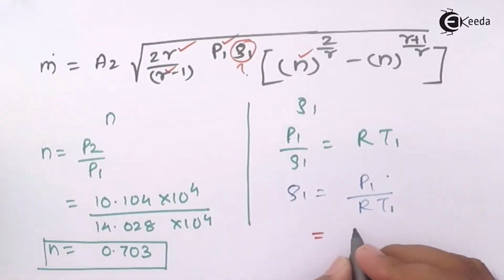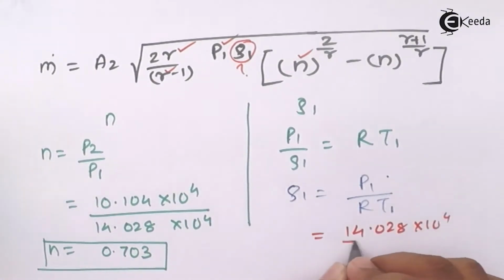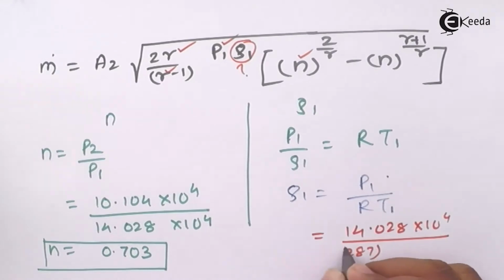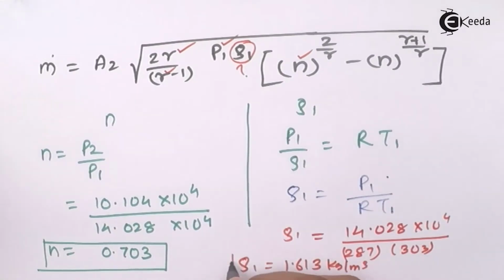This is equal to 14.028 into 10 to power 4 upon 287 into 303, that is the temperature. The density comes out to be equal to 1.163 kg per meter cube. So we have evaluated the value of density rho 1.